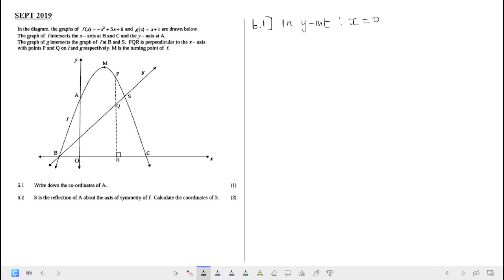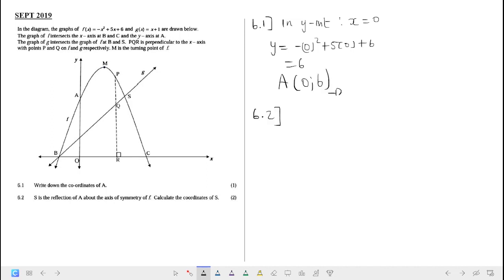On our equation of F, y equals minus 0 squared plus 5 into 0 plus 6. Pressing this in your calculator gives you 6. Then the coordinates of A are (0, 6), right?